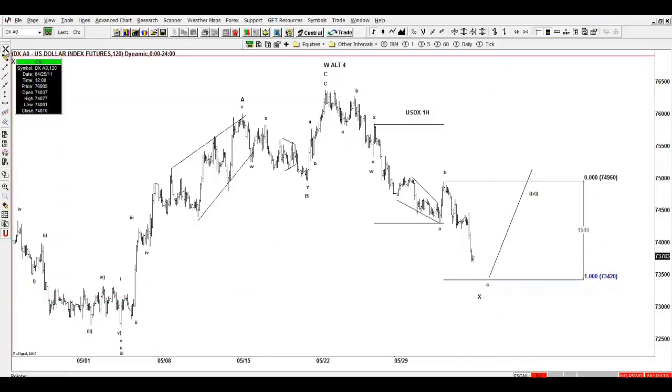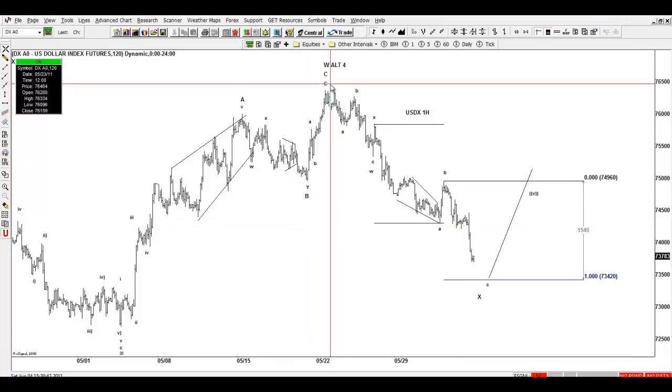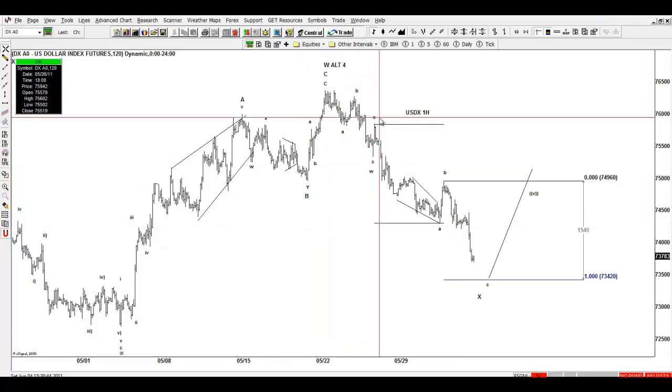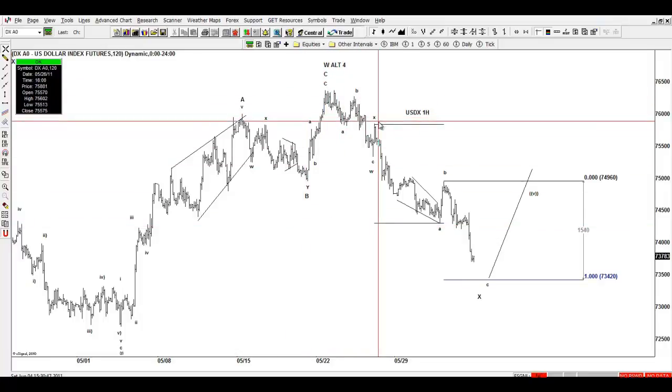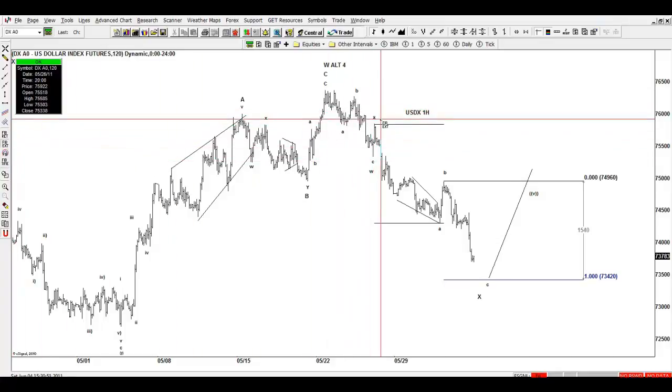Now, if we're going to count it as a dollar bear, then we have to go like 1-2-1-2, and if we take it from here, it looks pretty good too.